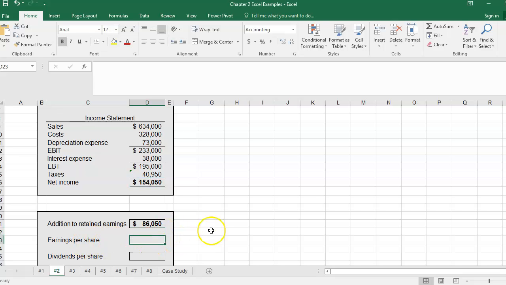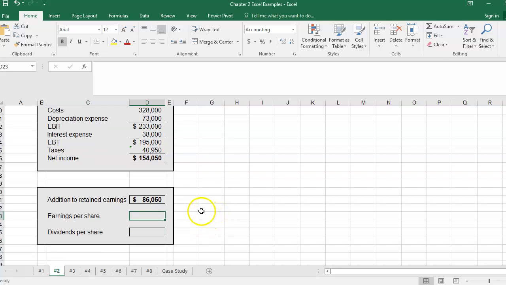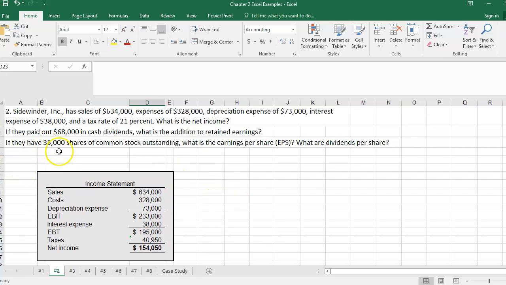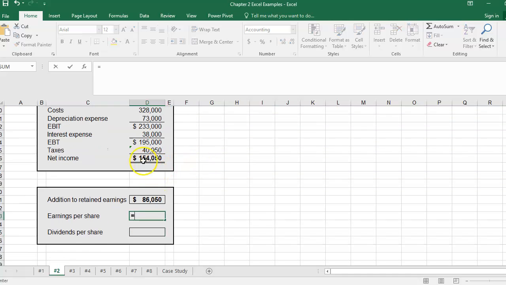This equation is earnings per share. Earnings per share, or EPS, is calculated by taking net income divided by the number of shares outstanding. This problem tells us that we have 35,000 shares of common stock outstanding. So our net income divided by 35,000 shares of stock outstanding gives an earnings per share, EPS, of $4.40.